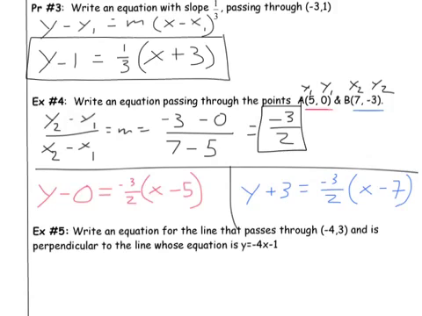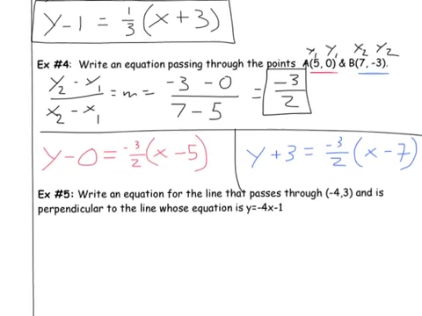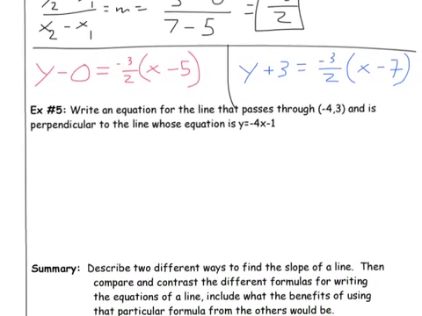I know they don't look the same, but they're equivalent, because they both represent the same line. So if you were to distribute this through, and add 3 on both sides, you'd get exactly the same thing. So let me give you guys another one to look at here.